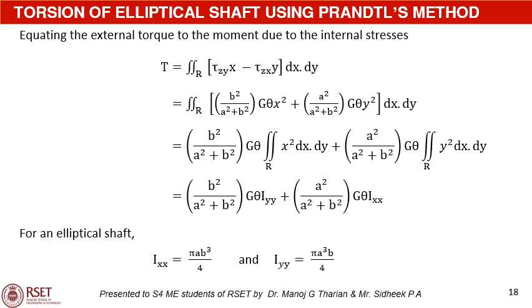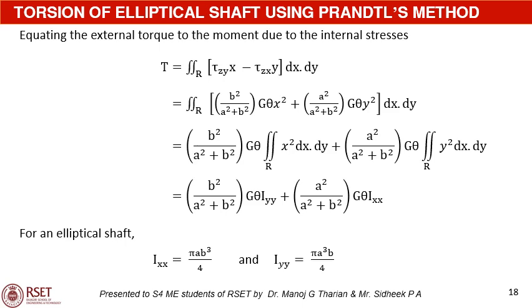Substituting for the stress components tau zy and tau zx, we get applied torque T = double integral over the region R of [b²/(a² + b²) Gθ x² + a²/(a² + b²) Gθ y²] dx dy, which is equal to b²/(a² + b²) Gθ double integral over R of x² dx dy plus a²/(a² + b²) Gθ double integral over R of y² dx dy. We know that double integral over R of x² dx dy is the second moment of the area with respect to the y-axis, which is Iyy, and double integral over R of y² dx dy is the second moment of the area with respect to the x-axis, Ixx.